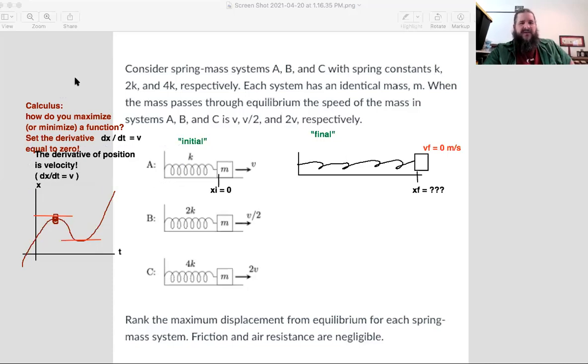So when we say to maximize a function, you set the derivative equal to 0, that means if you want to maximize position, you set velocity equal to 0, because velocity is the derivative of position. When you've reached a maximum position, the slope of your position graph has to be 0. And the slope of the position graph is velocity, because that's rise over run, which is distance over time. So this also ties into the idea that to find the maximum displacement, you set the velocity equal to 0, because velocity is the derivative of displacement. Any questions on that so far?